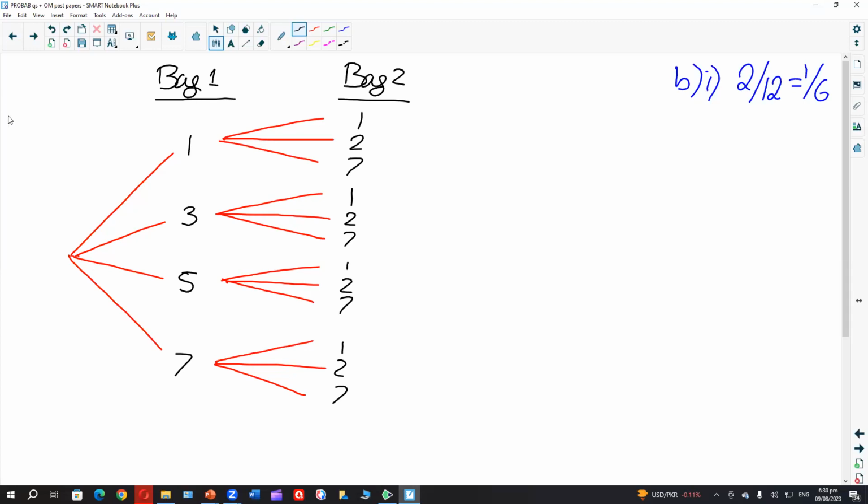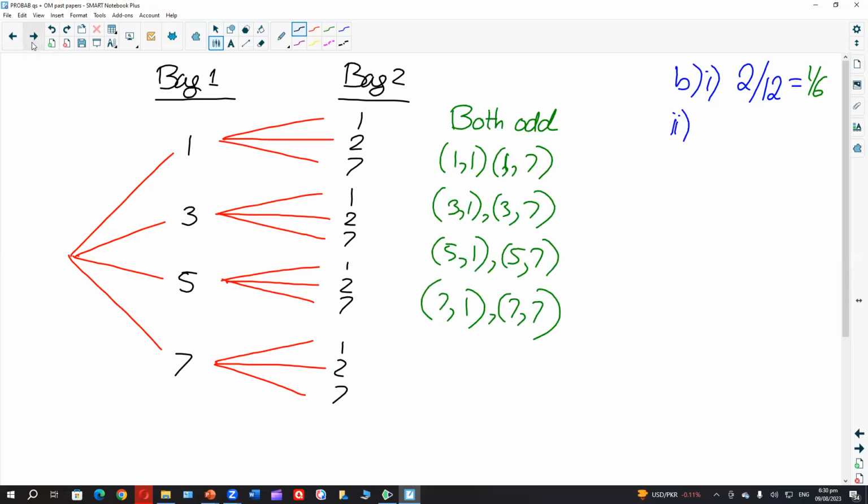It could be 1, 7, 3, 1, 7, 3, 3, 1, 7, 5, 1, 5, 7, 7, 1. Yes. So this is the case of both odd numbers. You have to see this working again. Do not copy these both odd options in front of the tree diagram. Copy it under the tree diagram, B part 2.